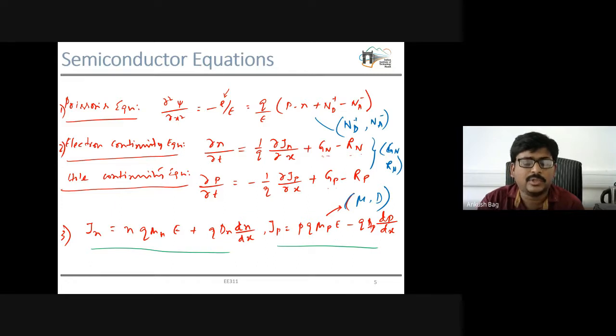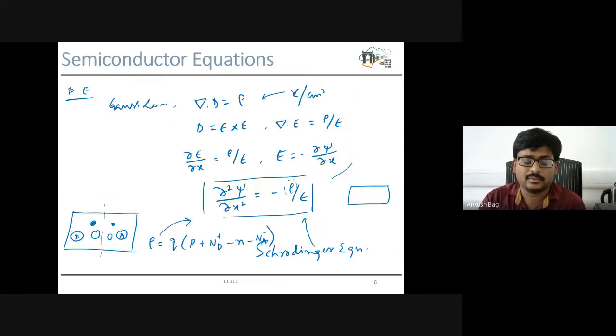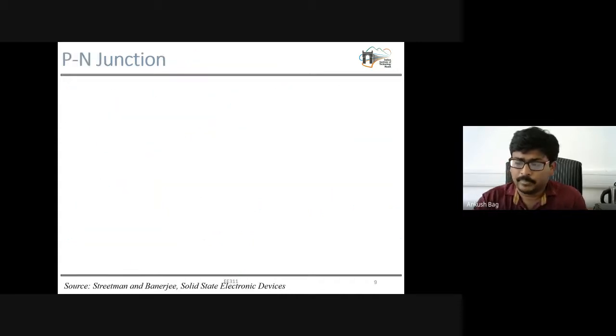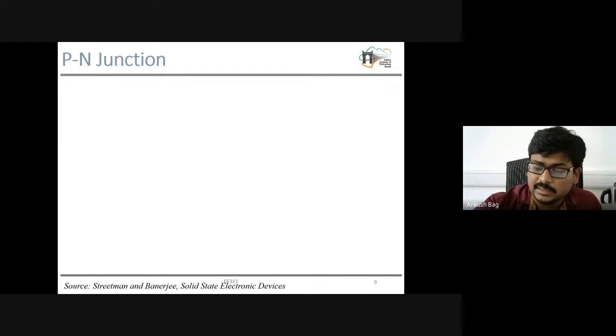So now we are ready to move on to the other semiconductor devices, and then we'll see how we can correlate our typical device characteristics, like diode behavior or FET behavior, with these equations. Now let us try to explain a simple diode.